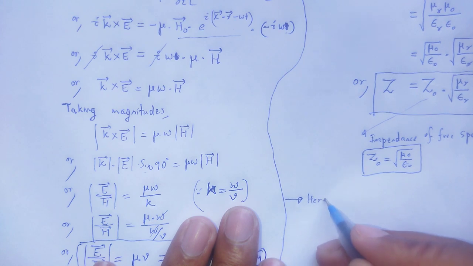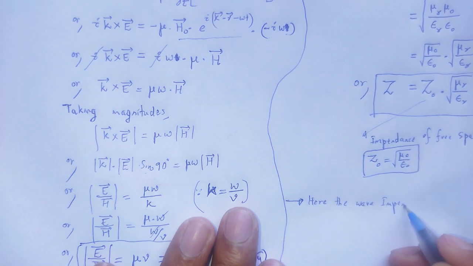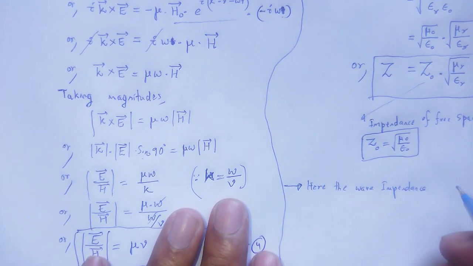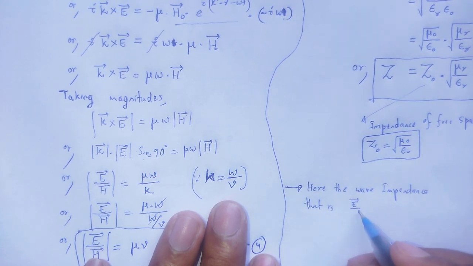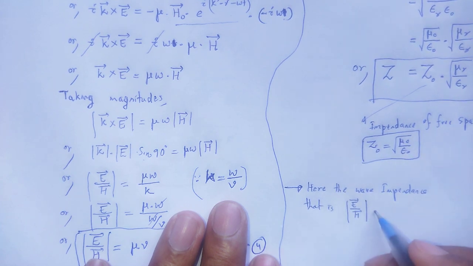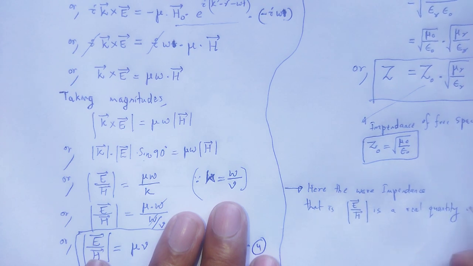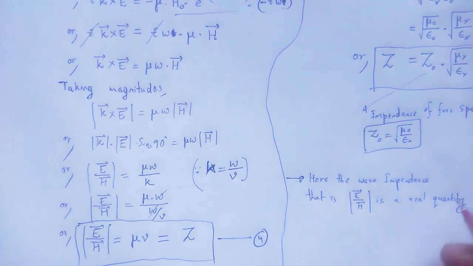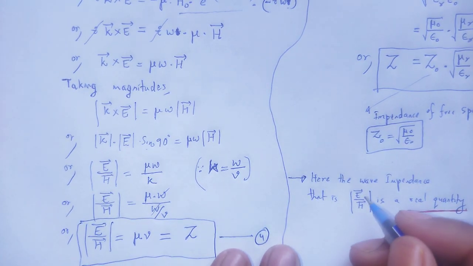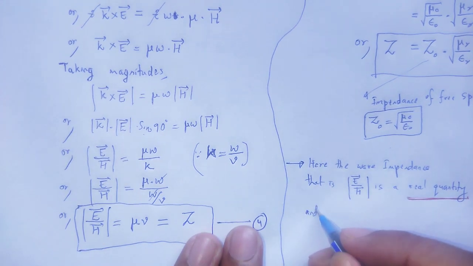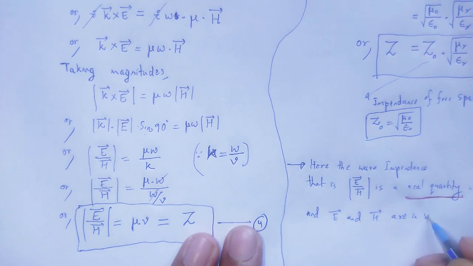Here the wave impedance, that is E vector by H vector magnitude, is a real quantity, and the field vectors E vector and H vector are in same phase.